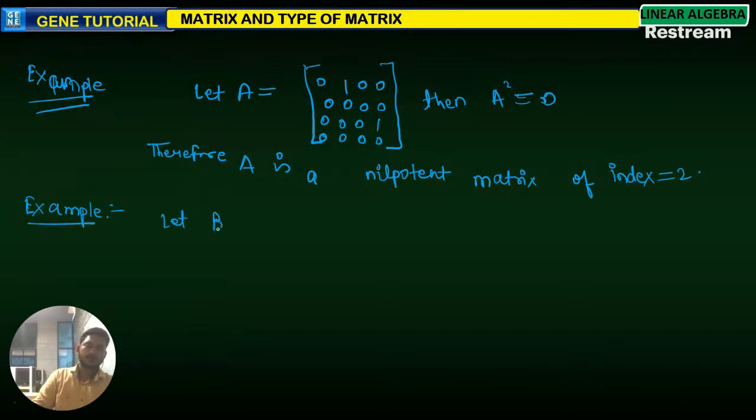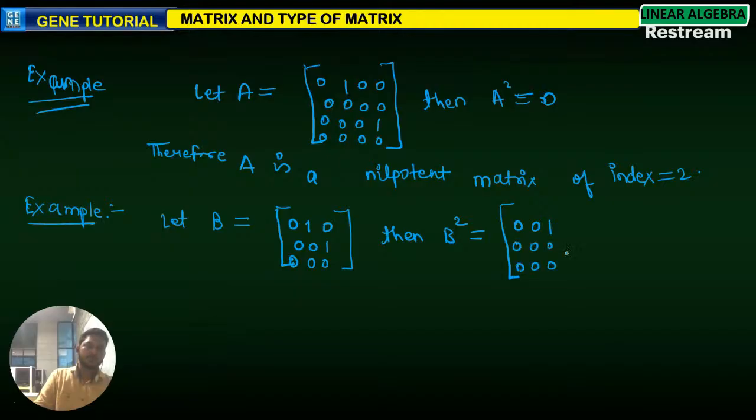Let B be equal to the entries 0 1 0, 0 0 1, and last 0 0 0. Then B squared is equal to the entries 0 0 1, triple 0, and the last is triple 0.